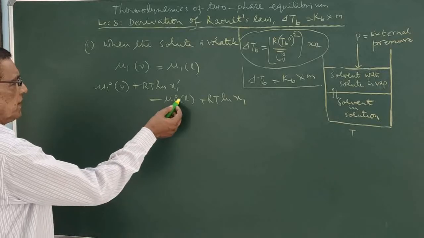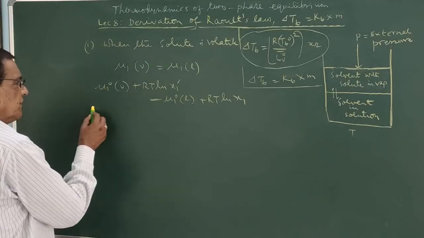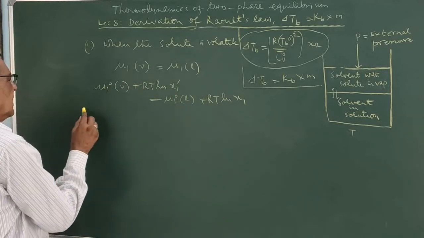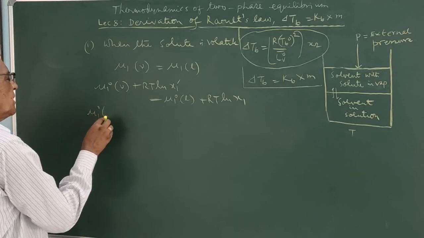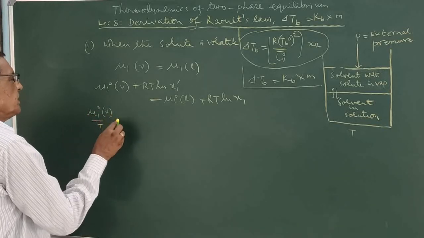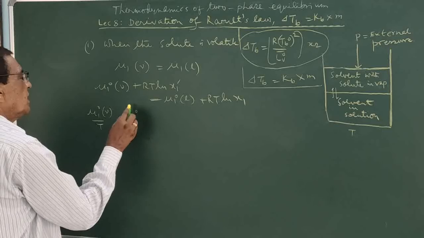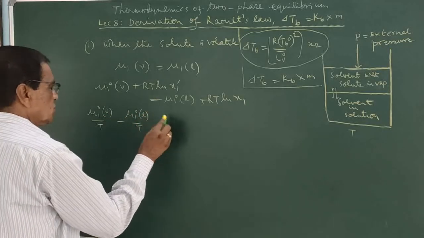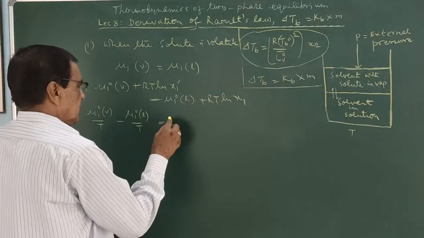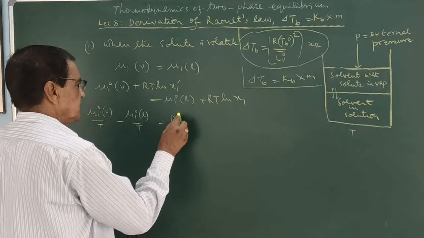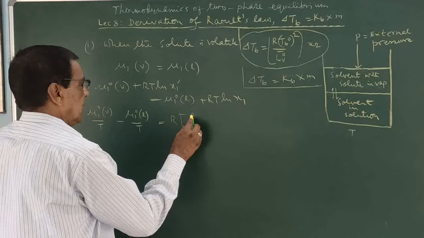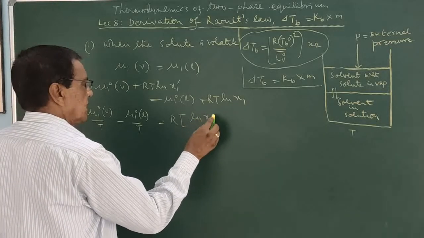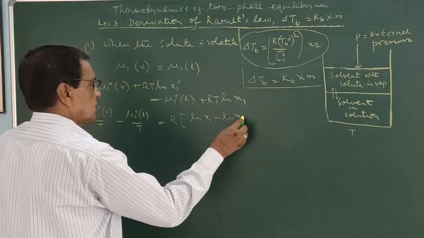So if we bring this to the left hand side and divide by T, then μ1⁰(V)/T − μ1⁰(L)/T will be equal to R(ln x1 − ln x1').